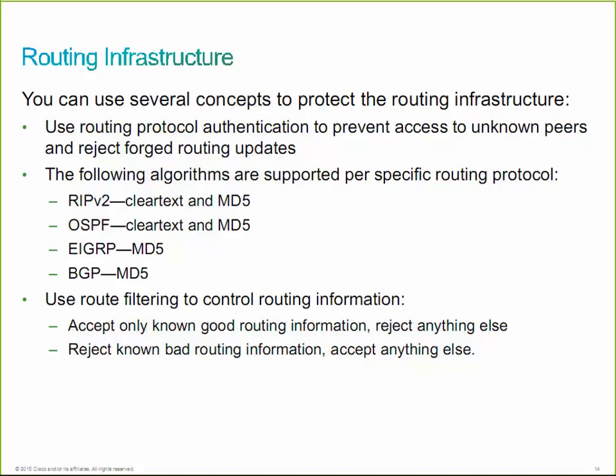I mean, there are lots and lots of tools that we can use: distribute lists, prefix lists, community lists, redistribution with route filtering. We can do summarization. We can do null-zero route summarization. I mean, there's a bunch of tools, and we learn about all those tools in the CCNP class to facilitate and protect the amount of information that's being shared back and forth, right?